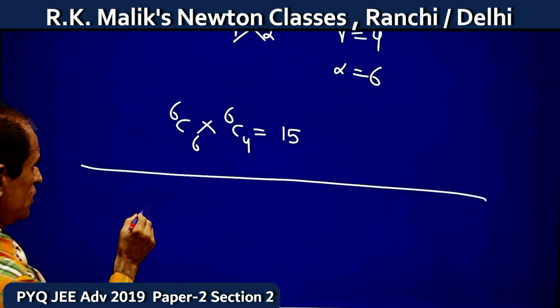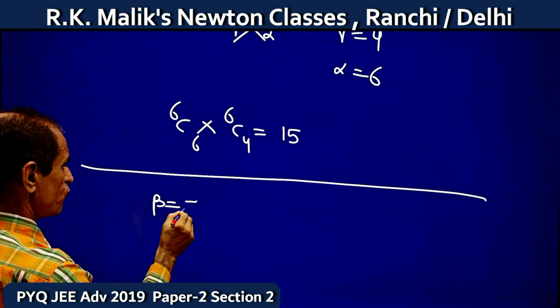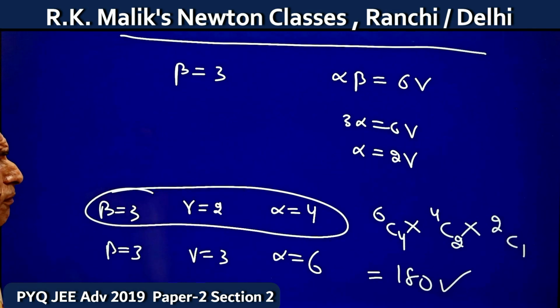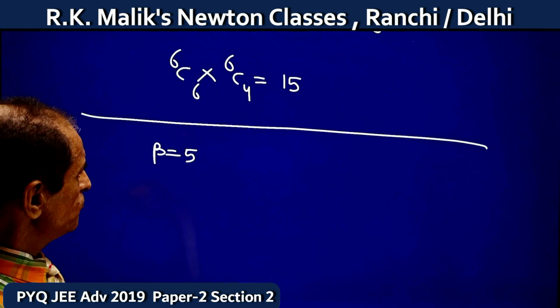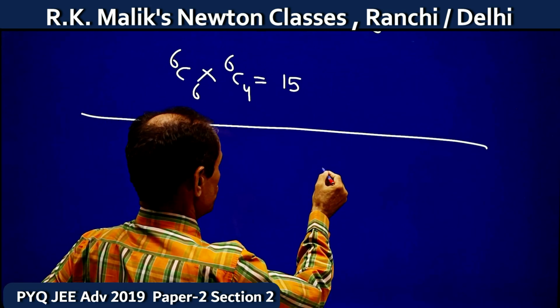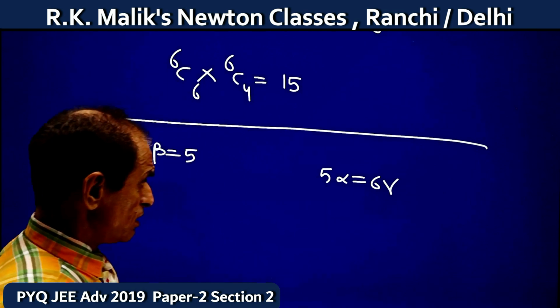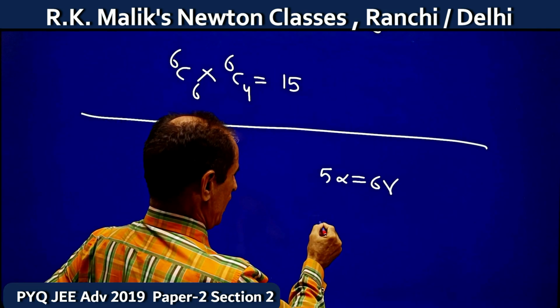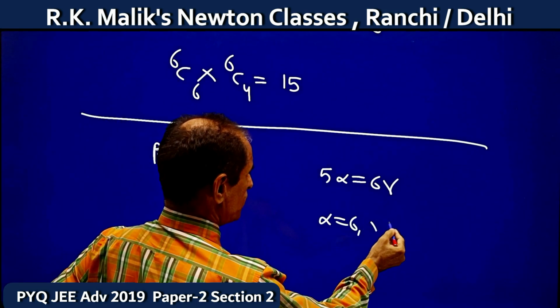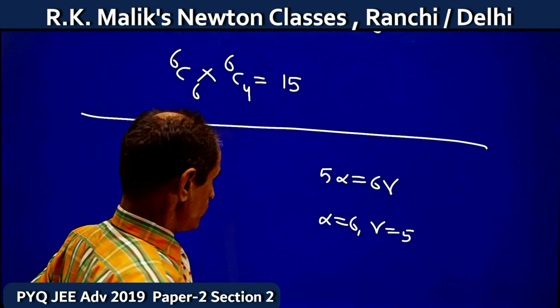Now, if beta is 5, then alpha beta is equal to 6 gamma means 5 alpha is equal to 6 gamma. And this is possible only when alpha is 6 and gamma is 5.